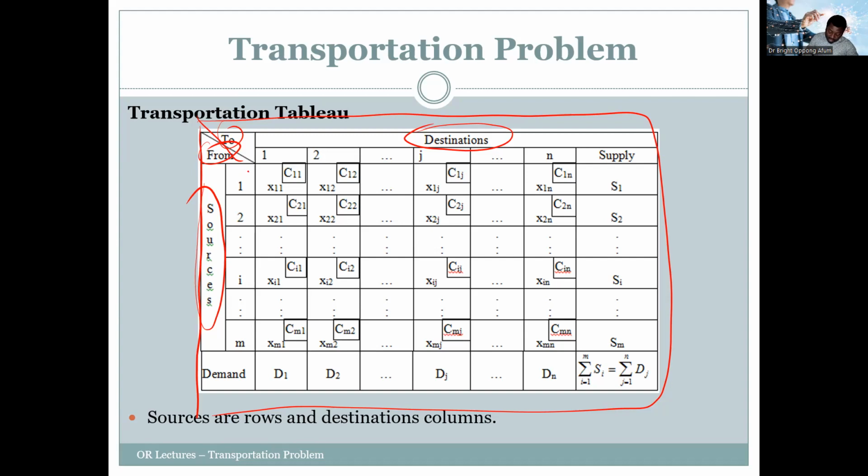And we have the various sources: source 1, source 2, source 3, in that order up to source M. And the various destinations: destination 1, destination 2, to the total destination N. Here you create a small box within the big box. So let's move to our whiteboard, and we'll be able to demonstrate this nicely there.